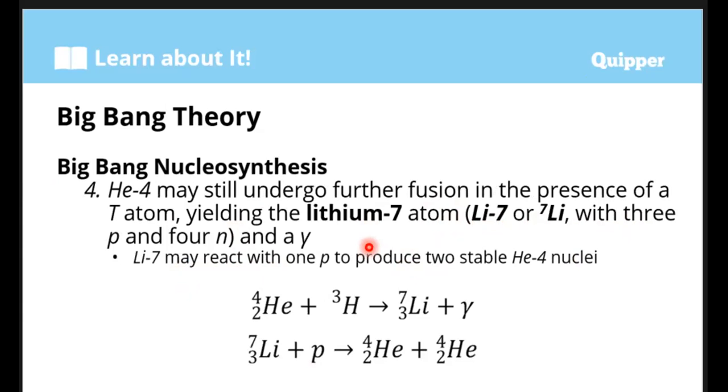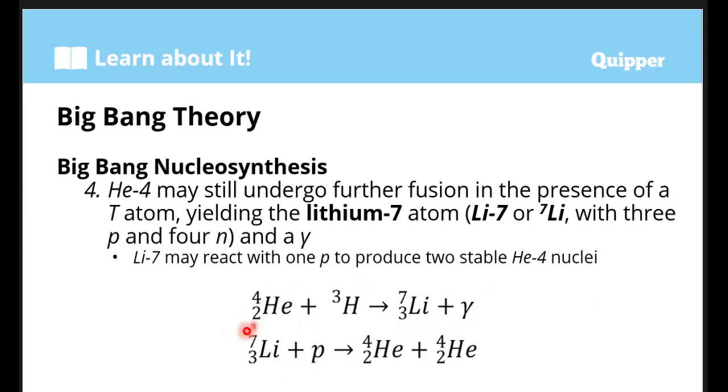This helium 4 might combine as well with another tritium, a hydrogen with three subatomic particles. So when it is being combined, it might have a new element such as lithium 7, and it is produced with a gamma ray.